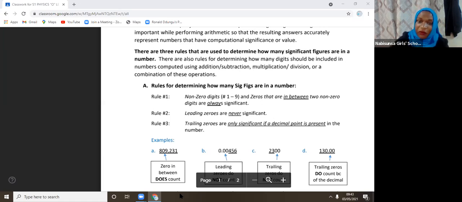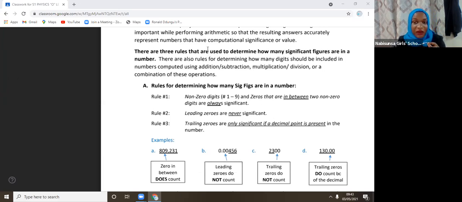We only count trailing zeros as significant if there is a decimal point present. Is that okay?